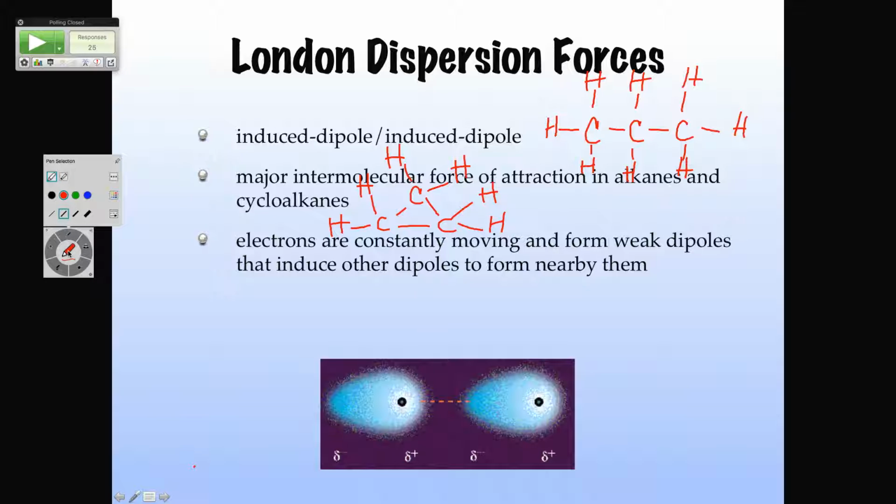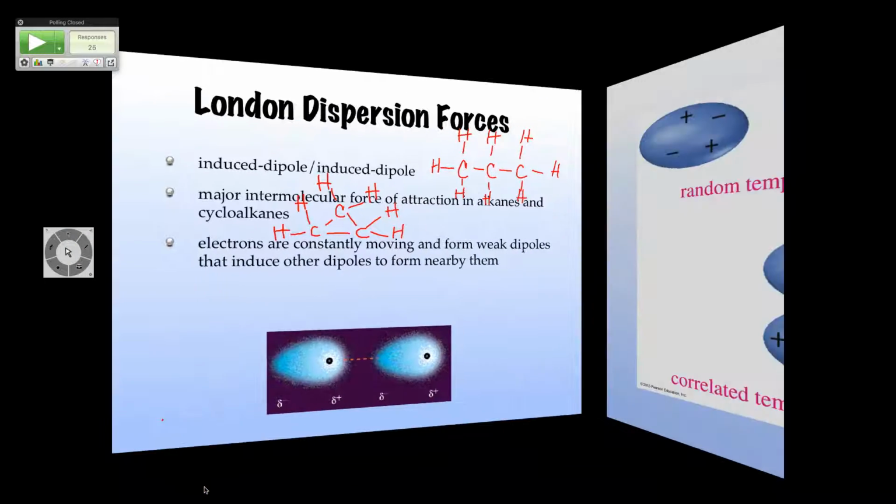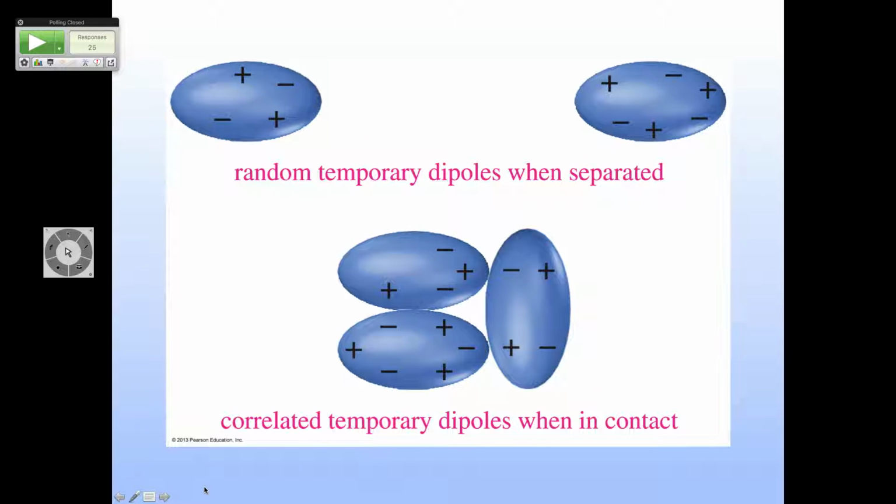All right, let's try that. So these are these temporary dipoles. And once these dipoles form, they change, molecules are moving. And what happens when you boil something? You're heating it up, and it's going to go from the liquid state to the vapor state, right?